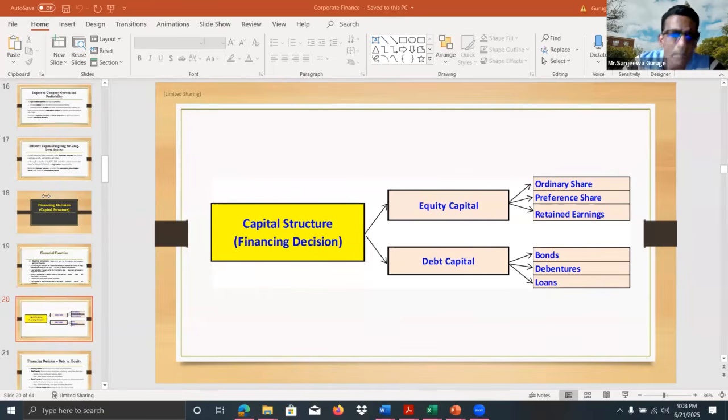When the debt capital percentage increases, the gearing is very high, and due to that, what is the meaning? The organization has a very high default risk. When the organization incurs losses, there is no option, the interest must be paid. The capital must be repaid, and then what will happen?